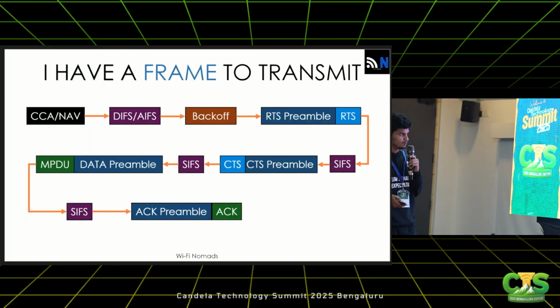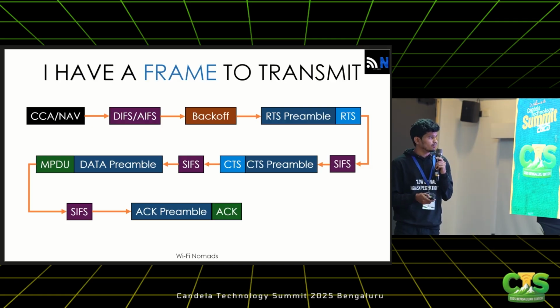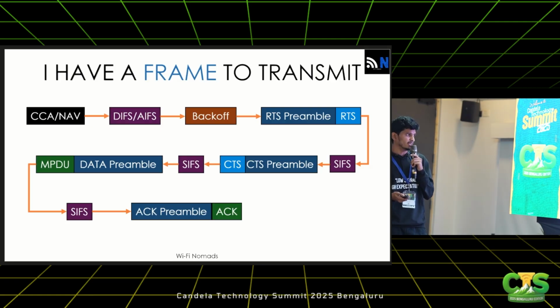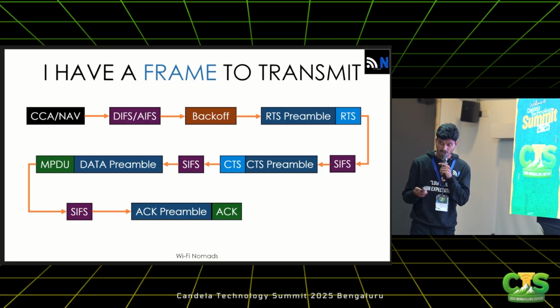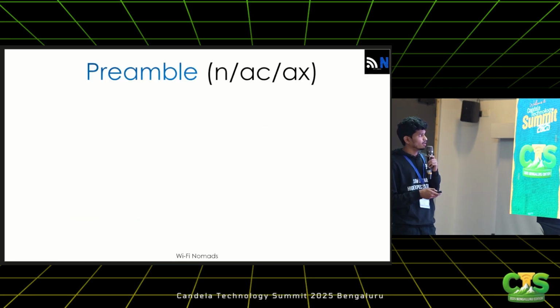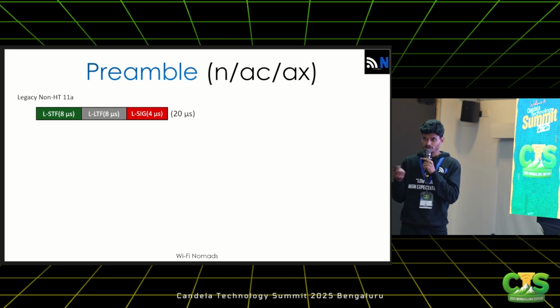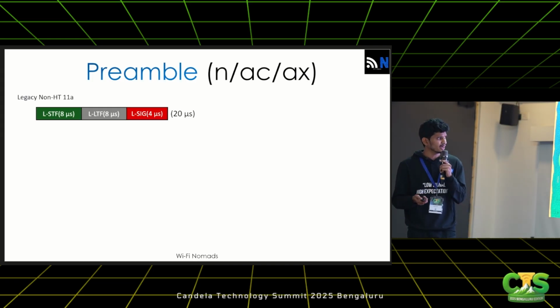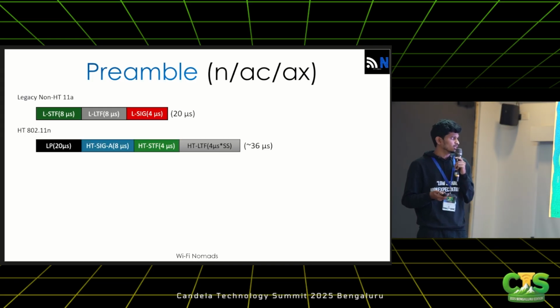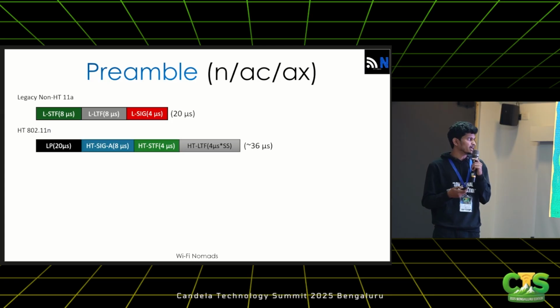Now let's see how we have calculated these values, these durations. Preamble is where we spend most of the time in calculating. In legacy, it is a simple 20 microseconds, whereas in 11N, the legacy part will be added with the 11N preamble.